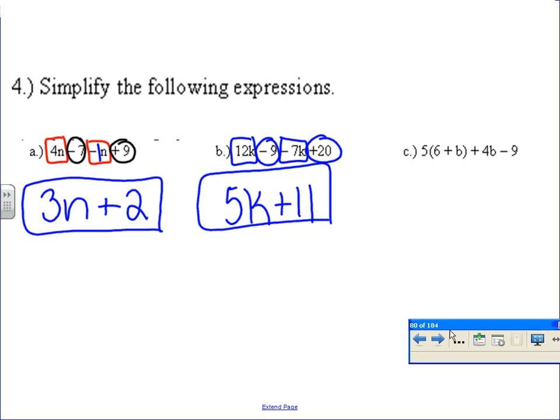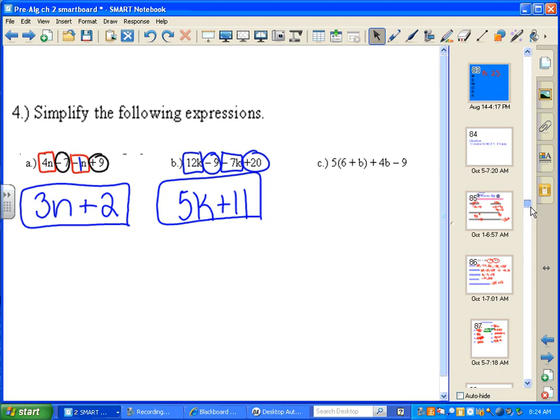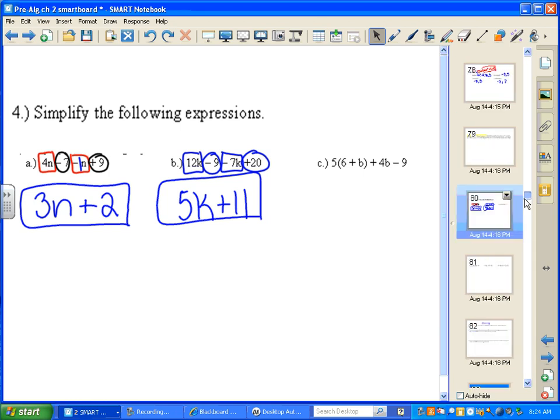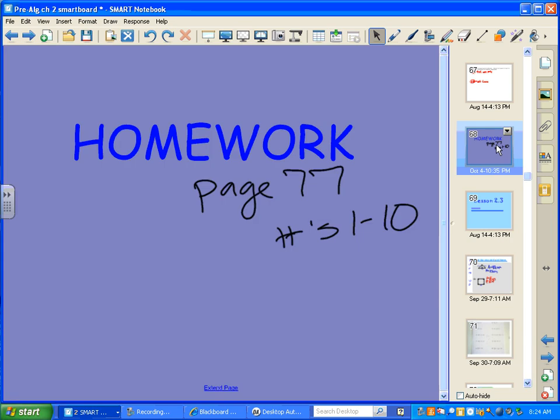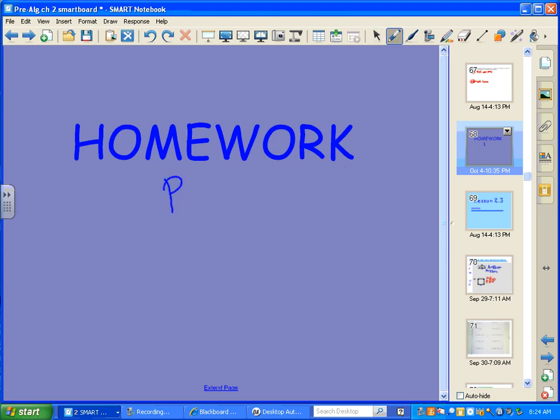Let me explain homework. Okay, go ahead and take your homework packet out. Let me scroll back here. Okay, in your homework packet, there's 2 different things I want you guys to try. The first one is practice 2.3.